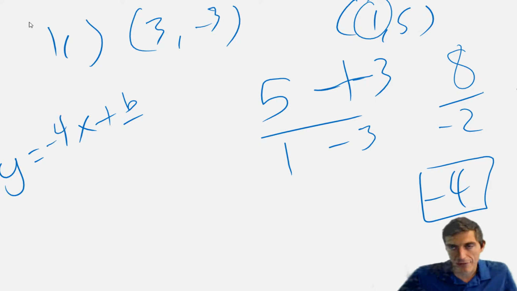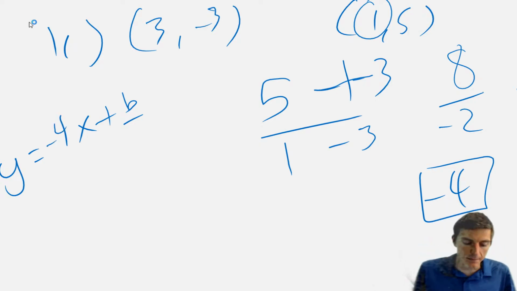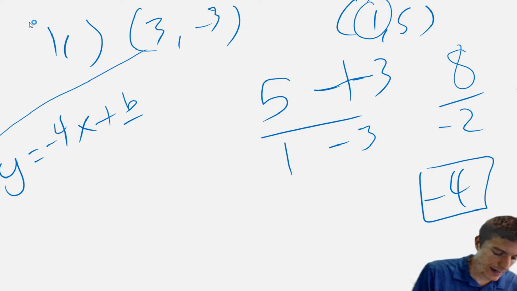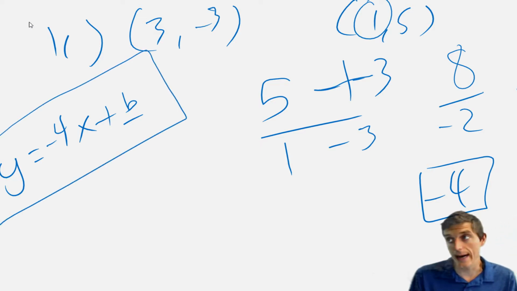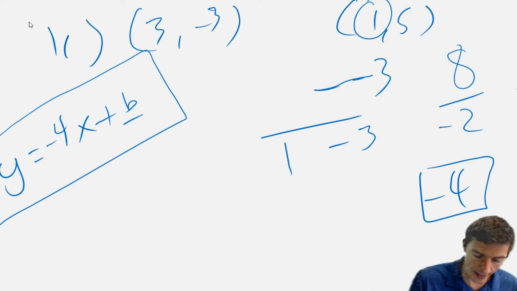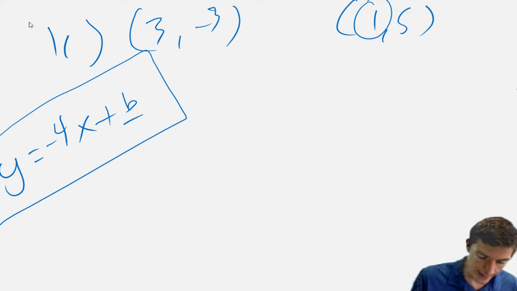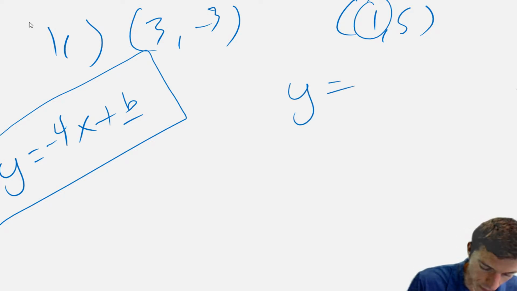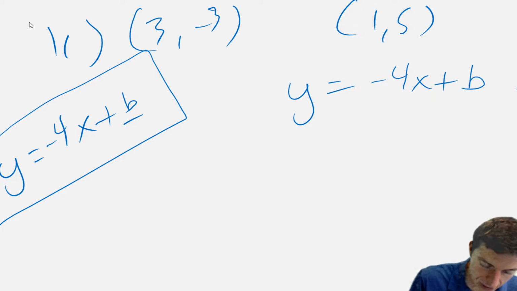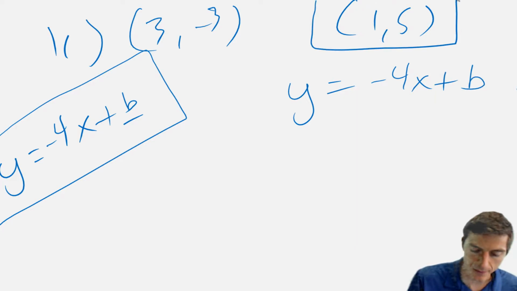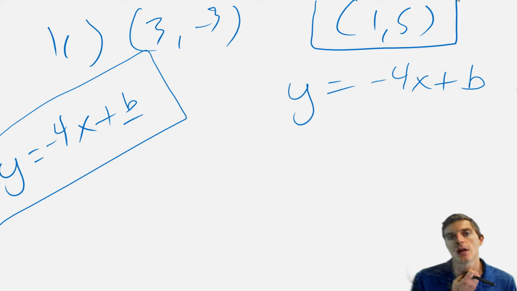So at this point, we're halfway there. All I have to do now is find my y-intercept, and I'm ready to be done. I can pick either point to solve for my y-intercept. So I have y equals -4x plus b. I'm going to choose this point to plug into my equation, because it doesn't have negatives and because it doesn't really matter.